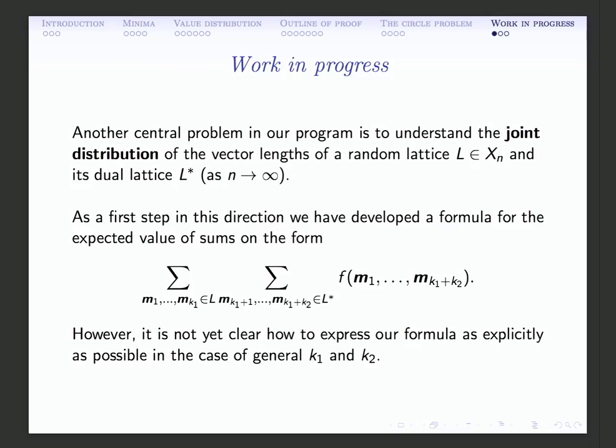We have a formula for the mean values of these expressions as you take mean values over the space of lattices. However, these formulas are not super explicit, in the sense that you again get an infinite linear combination of integrals over Euclidean spaces or subspaces of Euclidean spaces.